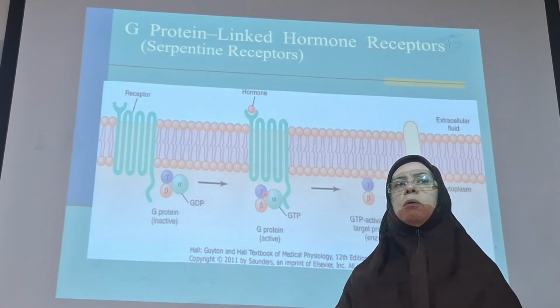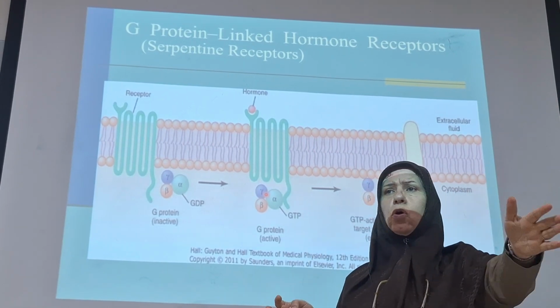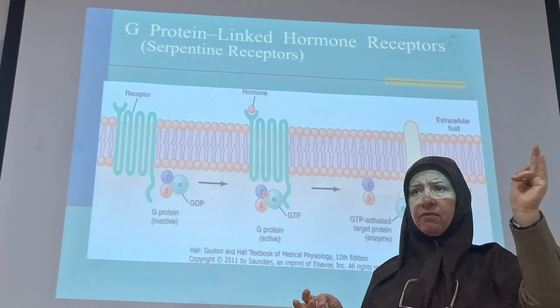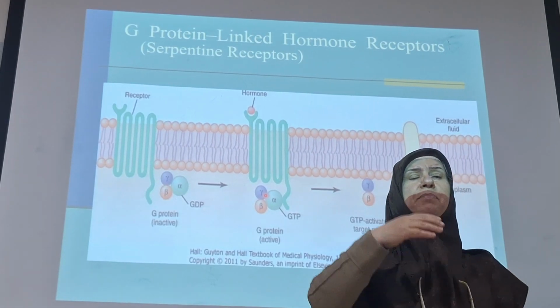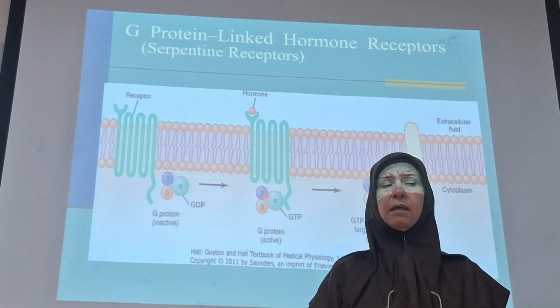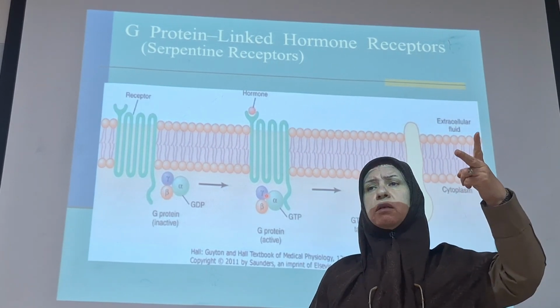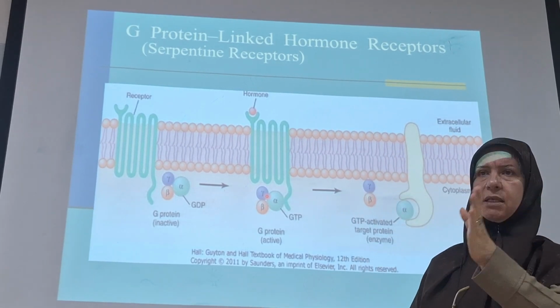So, only G protein coupled receptors remain. Our receptors are located in the nucleus for thyroid hormone and activated vitamin D, in the cytosol for steroid hormones, and on the cell membrane for peptide hormones. On the cell membrane we have two kinds of receptors, G protein coupled receptors and enzyme linked receptors.